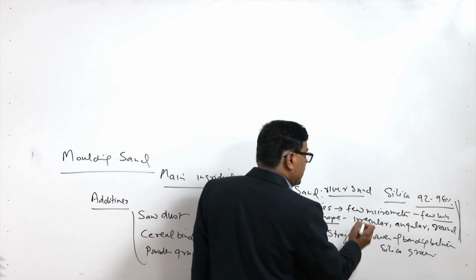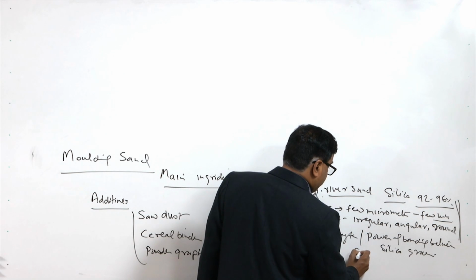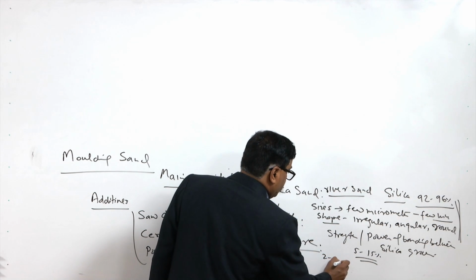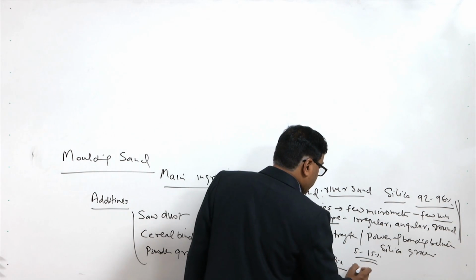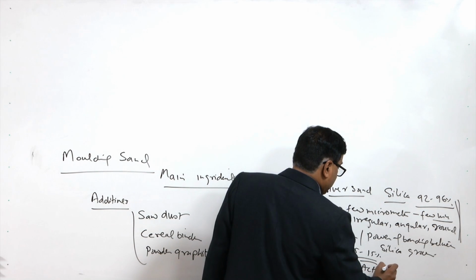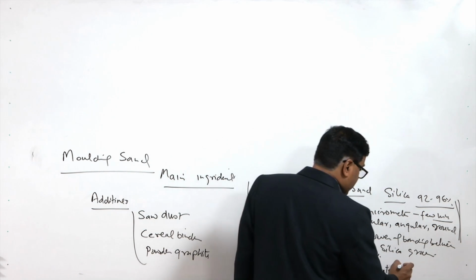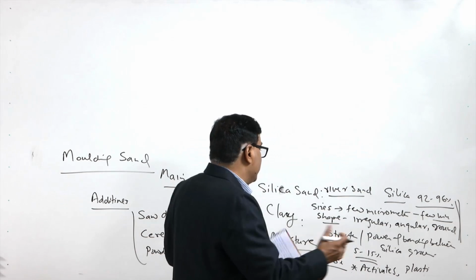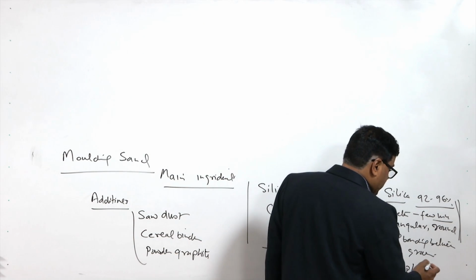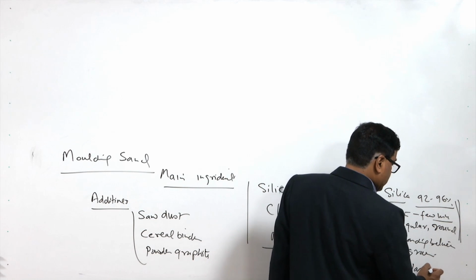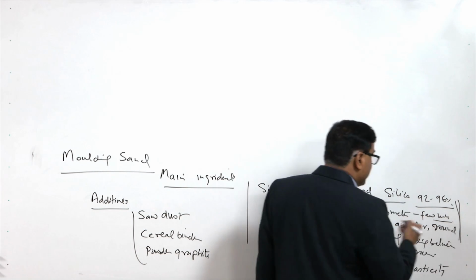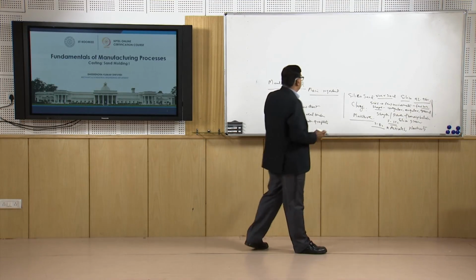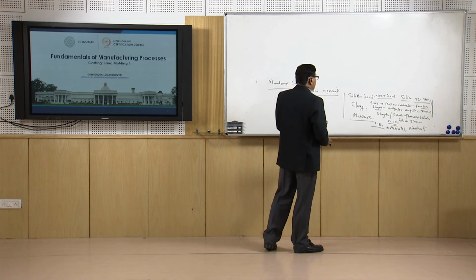Clay can be added from like say 5 to 15%, and the moisture is normally added 2 to 8% for two purposes. One, it activates the clay for the bonding purpose, so that the activation of the clay results in proper bonding, and when the water is added appropriately, it results in the desired plasticity to the sand mold, so that desired complicated shapes can also be realized through the addition of these ingredients.